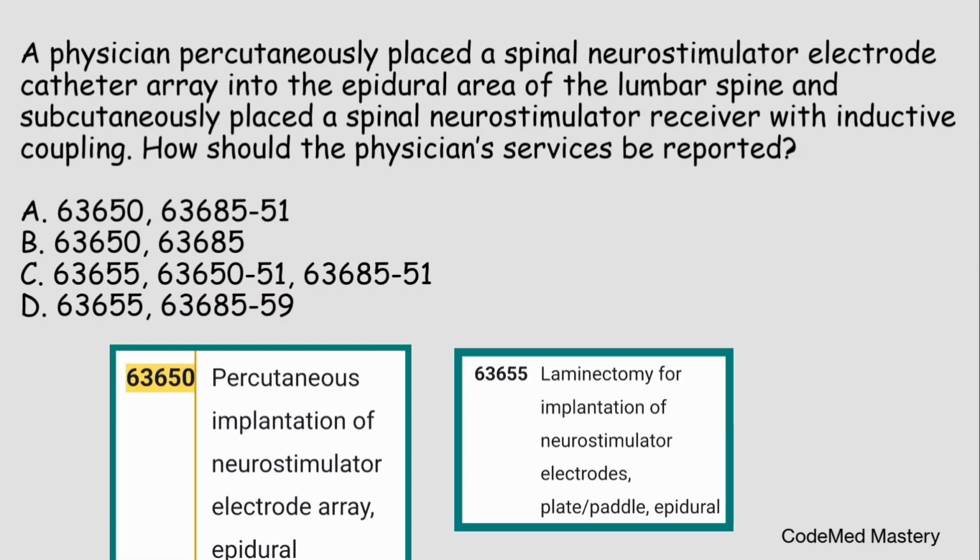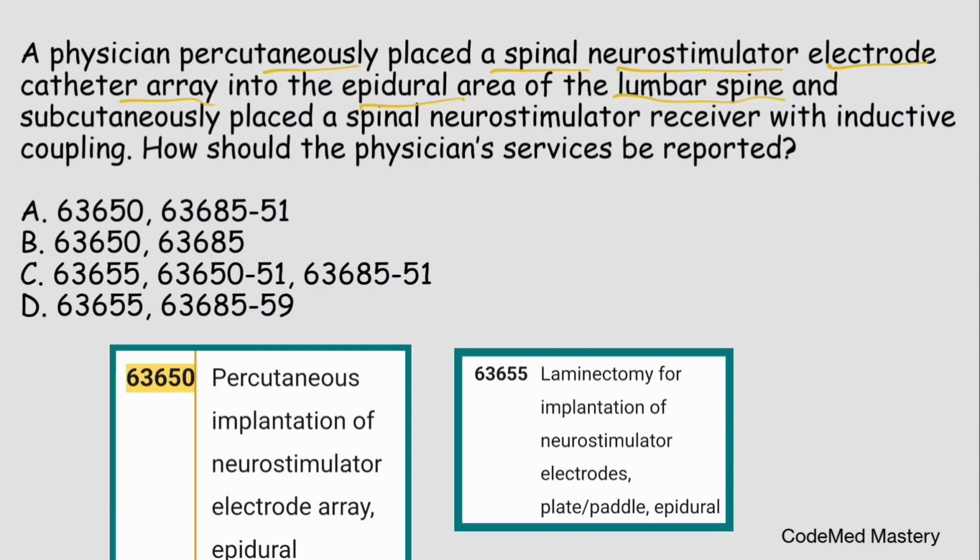63650 is for percutaneous implantation of neurostimulator electrode array, epidural, and 63655 is for laminectomy for implantation of neurostimulator electrodes, plate or paddle, epidural. In the question they have mentioned the physician has percutaneously placed a spinal neurostimulator electrode catheter array into the epidural area of the lumbar spine.